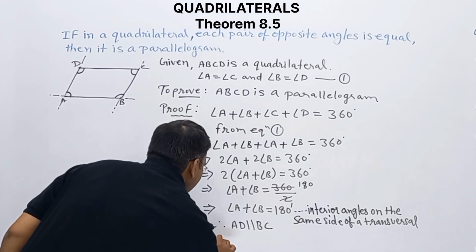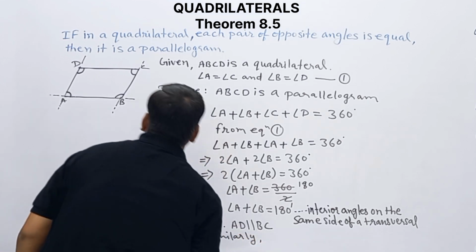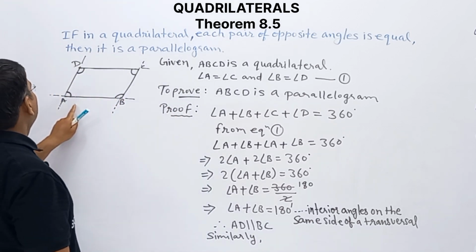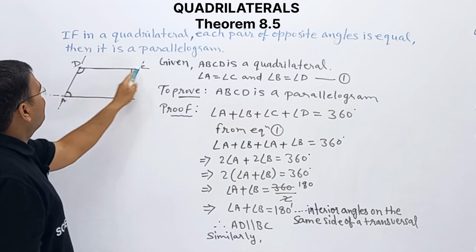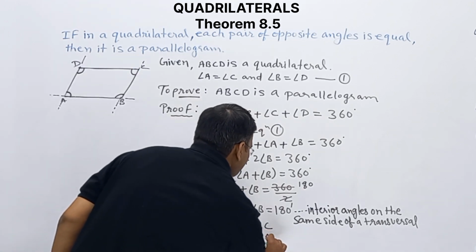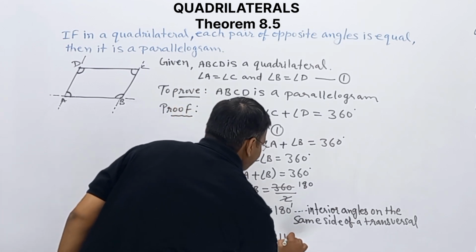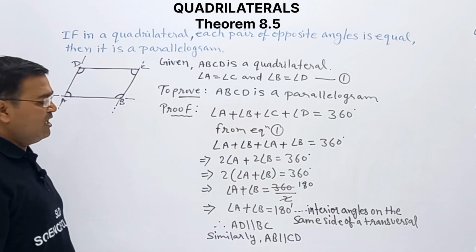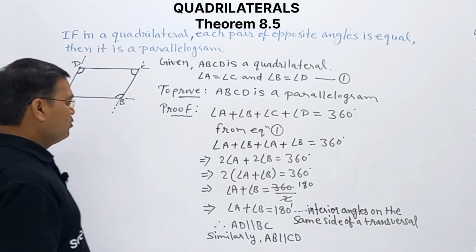Similarly, for another pair of opposite sides, AB will be parallel to CD. Once opposite sides are parallel, then that is called a parallelogram.